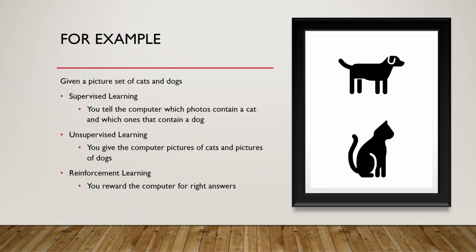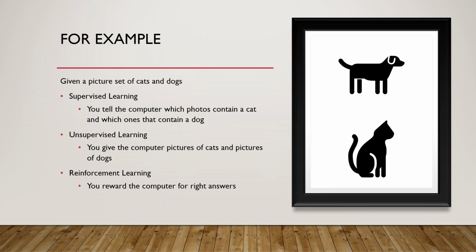For example, given a picture set of cats and dogs, in supervised learning you tell the computer which photos contain cats and which contain dogs. Then the algorithm will determine what visual cues differentiate the two.